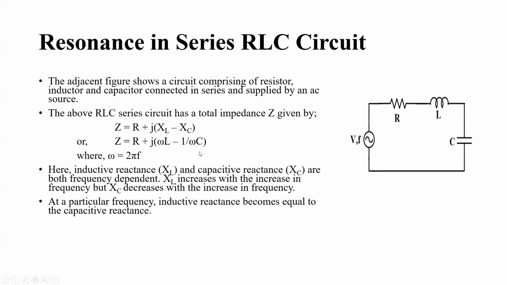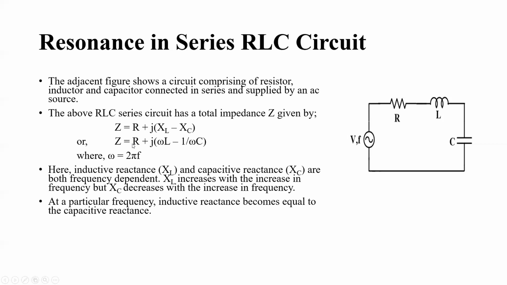So at a particular frequency, the inductive reactance XL becomes equal to the capacitive reactance XC. In such a case, the imaginary part cancels out, so Z will be equal to R.